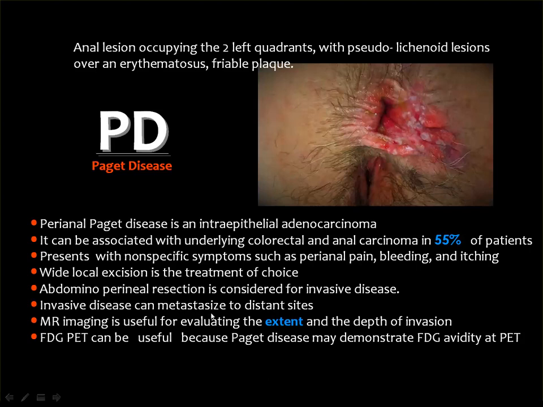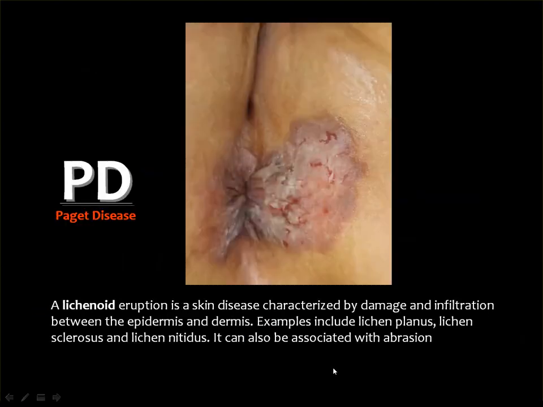Invasive disease can present with metastasis, and the role of imaging here is to detect the depth of the tumor invasion. If you use PET-CT, it will show significant metabolic activity.